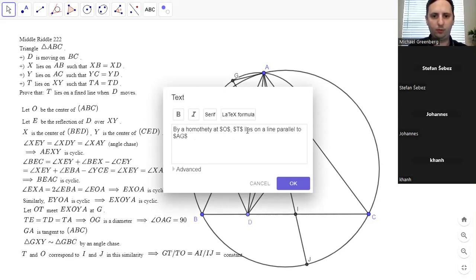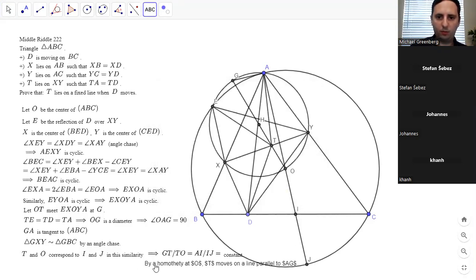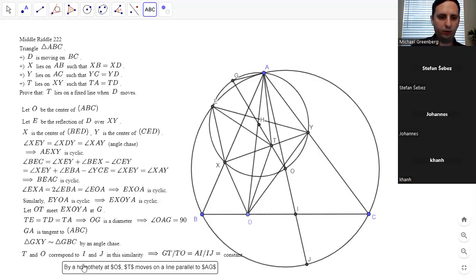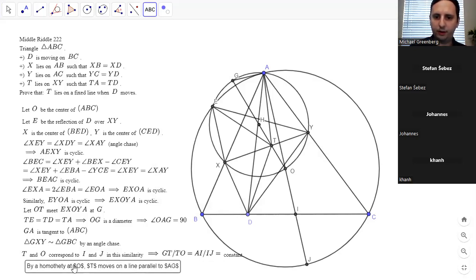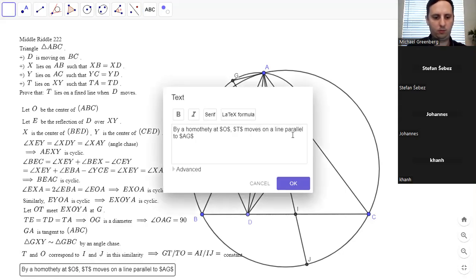Say T moves with OT over OG equals JI over IA. And that solves it.